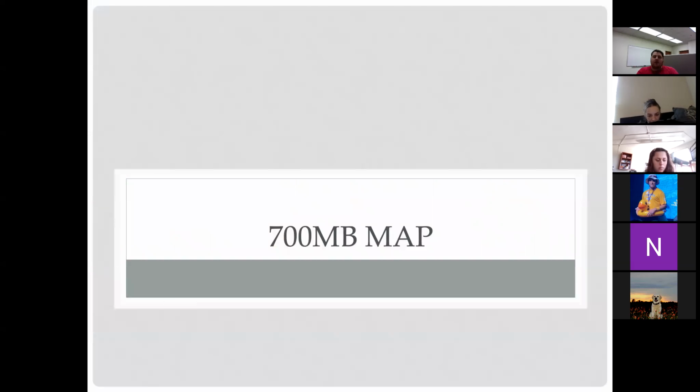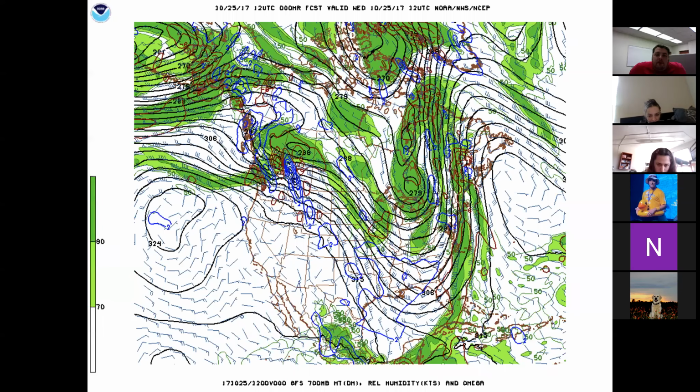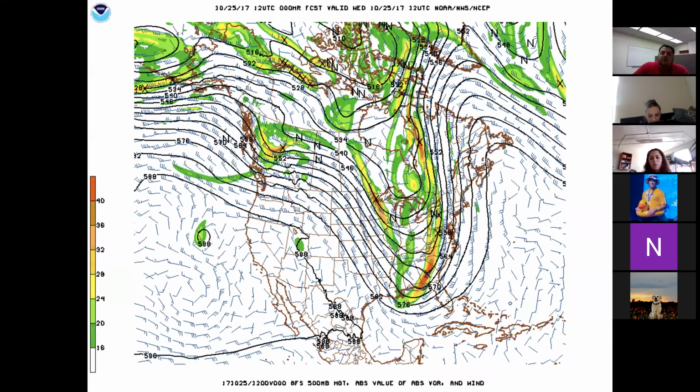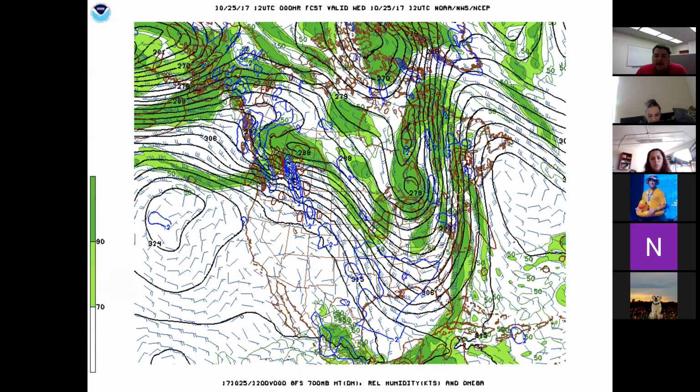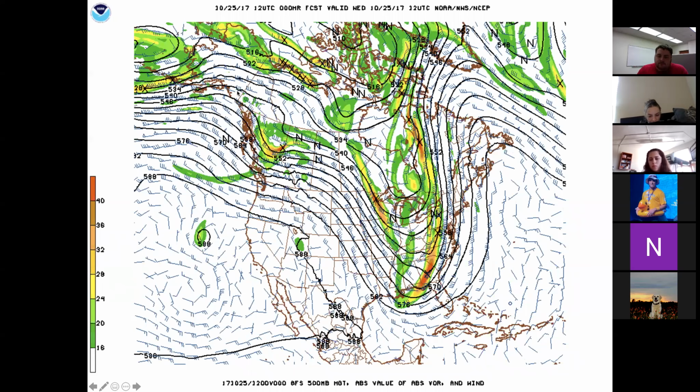Okay, and then these aren't as important, so we're just going to go through them a little bit, but you can see the same patterns at the 700 and 500 millibar levels. As you can see here, we still have a dip in the jet stream right here, and you can still see the same pattern with the wind barbs.